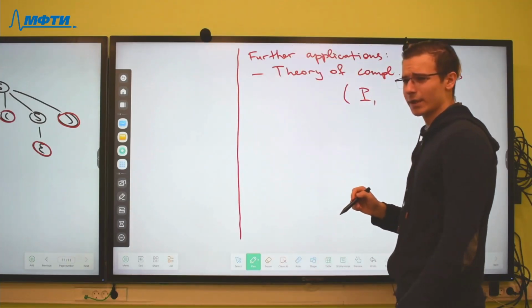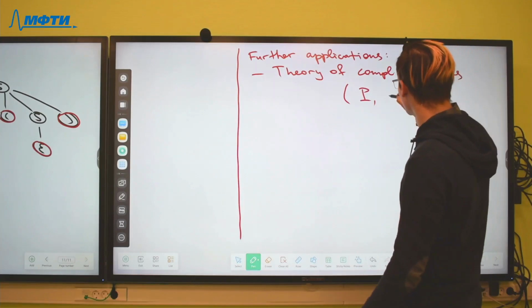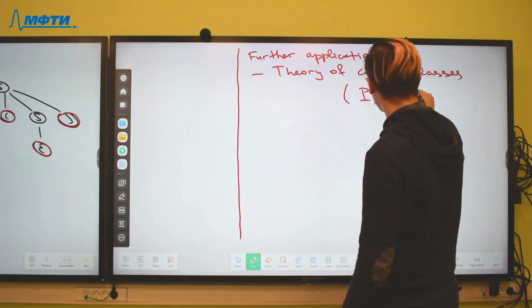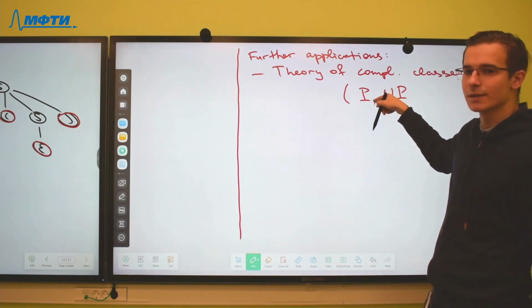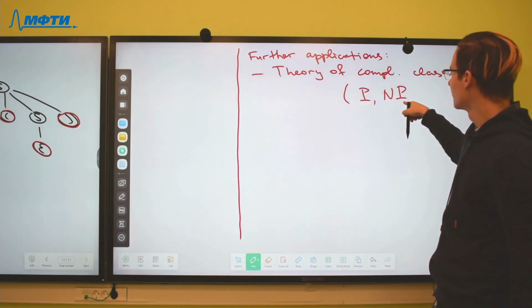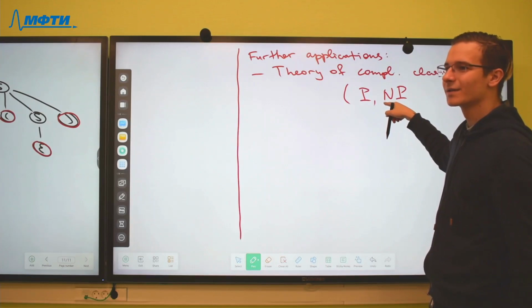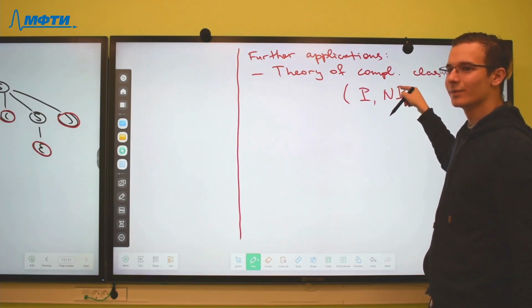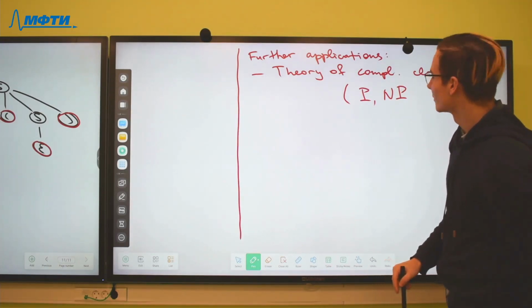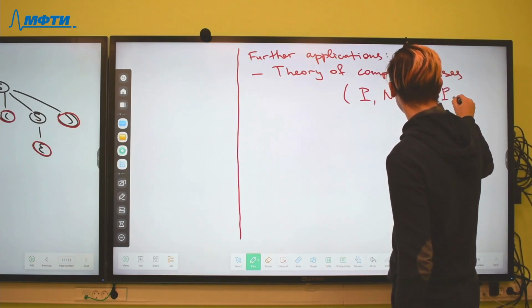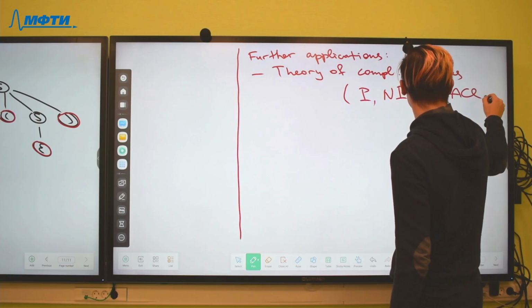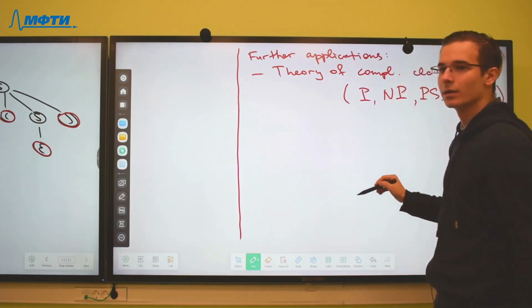You have an introduction to it, yeah? P and NP, no. Polynomial computational classes. No, it is non-deterministic polynomial computational class. For example, PSPACE.